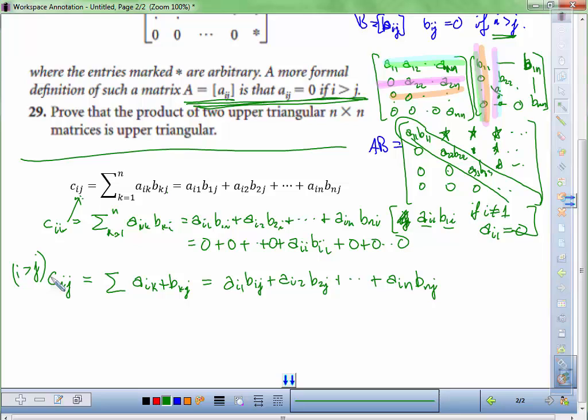So we have to assume that i is bigger than j.